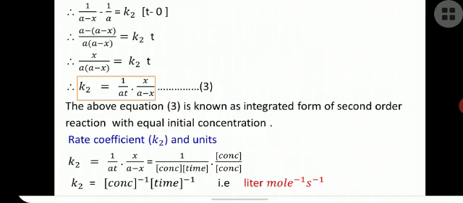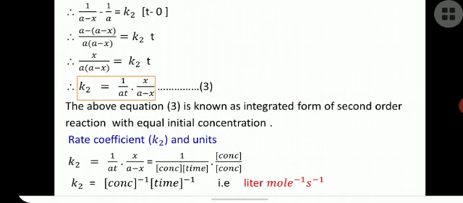The equation number 3 is known as the integrated form of second order reaction with equal initial concentration. The rate coefficient k2 and its unit: k2 is equal to 1 upon a t into x divided by (a minus x). It is equal to 1 divided by concentration into time, into concentration upon concentration.